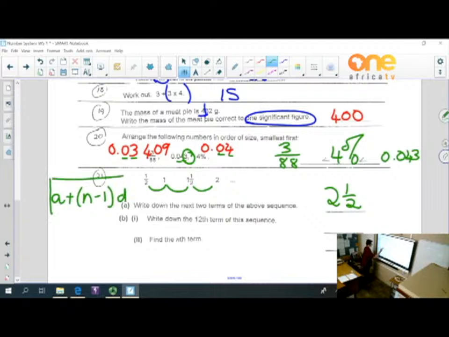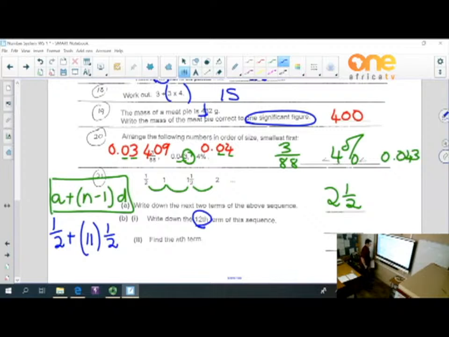Remember this formula that we looked at now? What is a? What is the first term? A half. Plus, now we want the 12th term. 12 minus 1 is 11. And what is the common difference? Also a half. So it is a half of 11 plus a half, and that gives me 6.